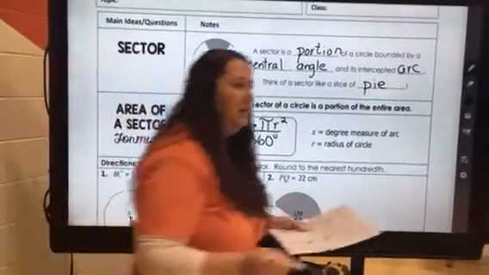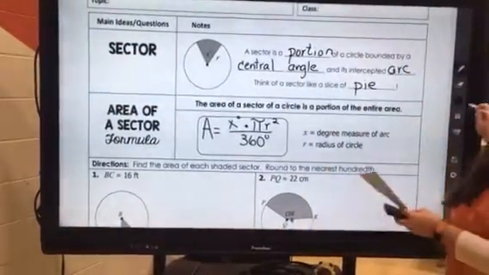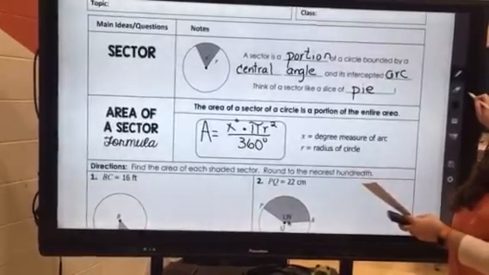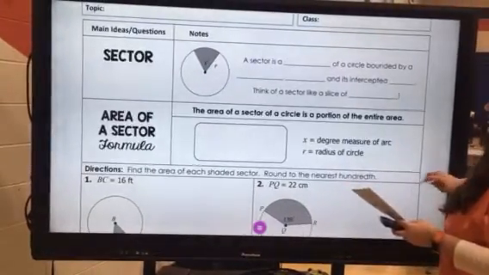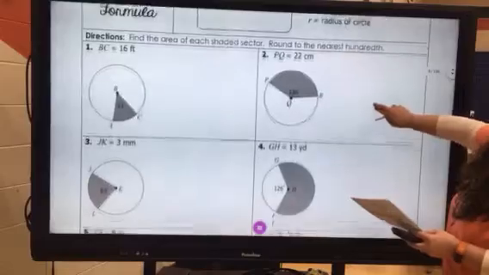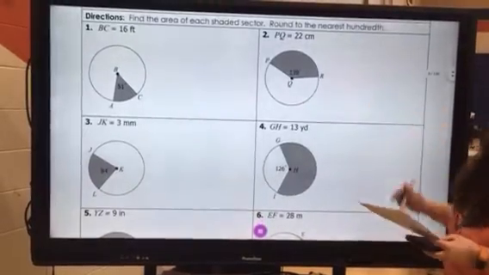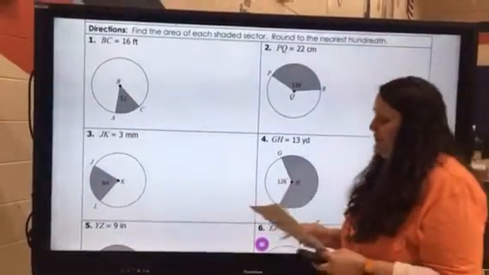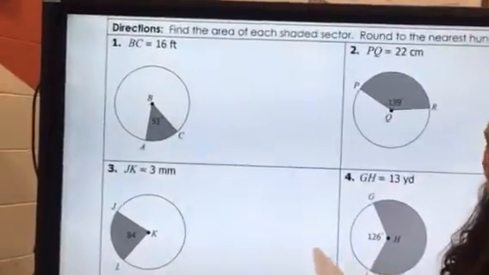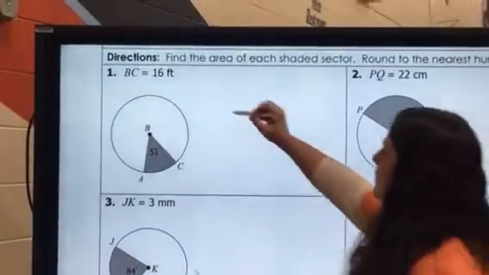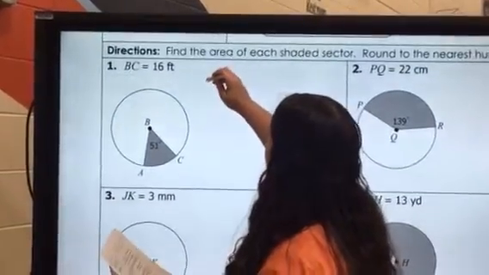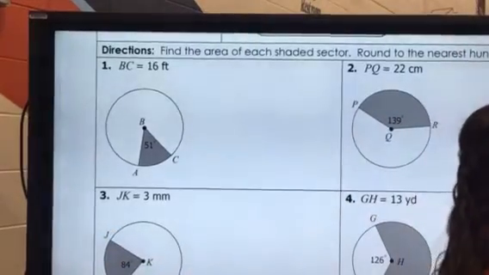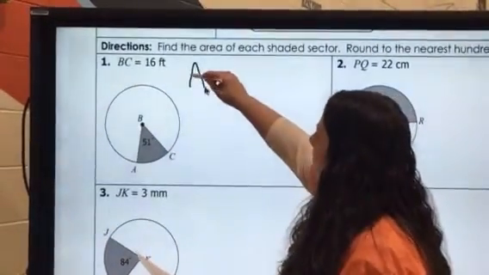So let me clear this out so I can pull up the screen. On the first one, we're just going to fill in.